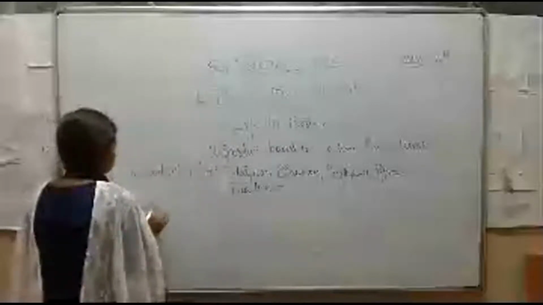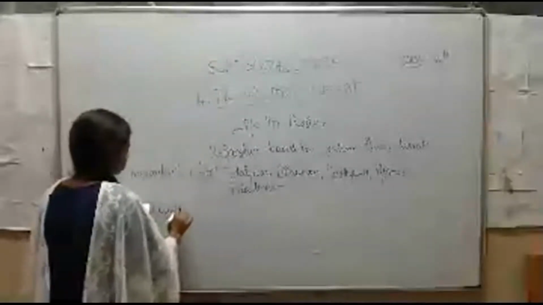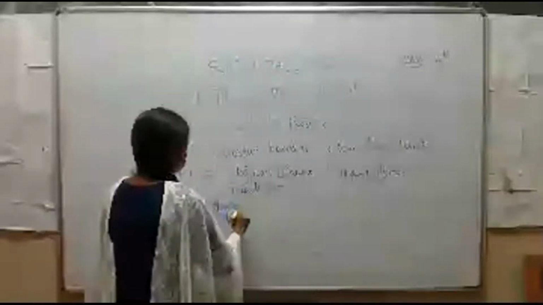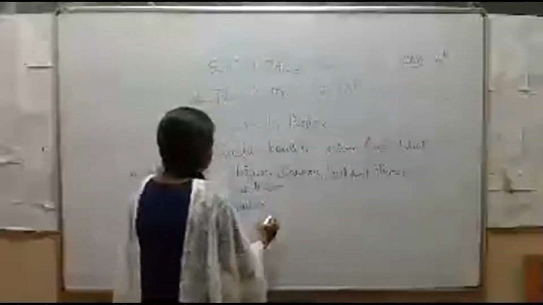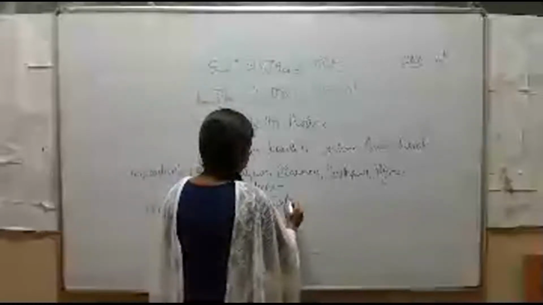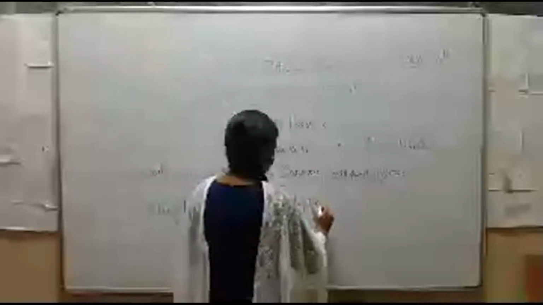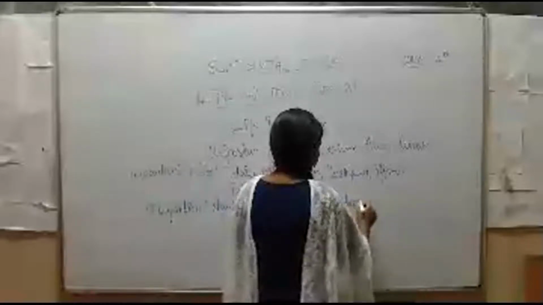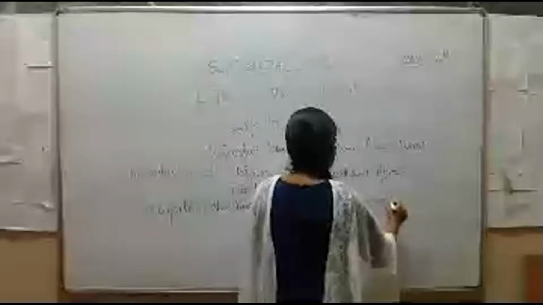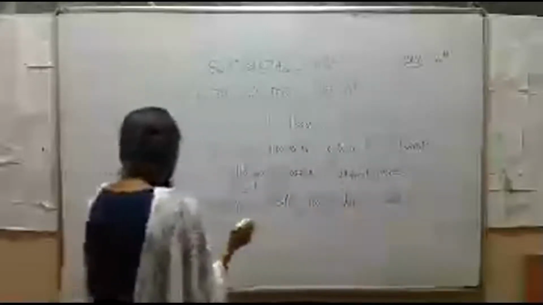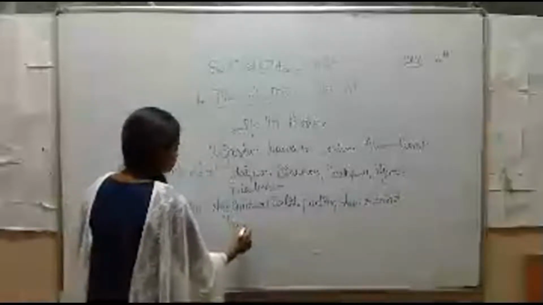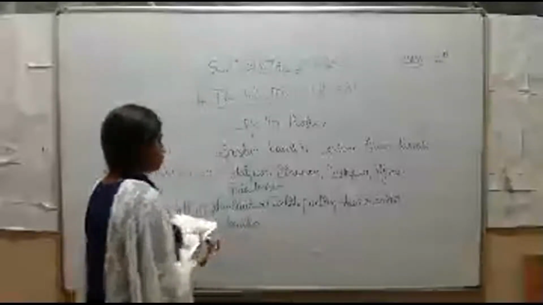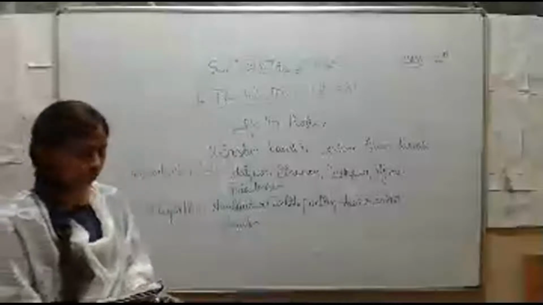So their main occupations are agriculture, textile printing, animal rearing, in the sense of sheep rearing, and tourism. These are some of the important occupations people follow in this region.